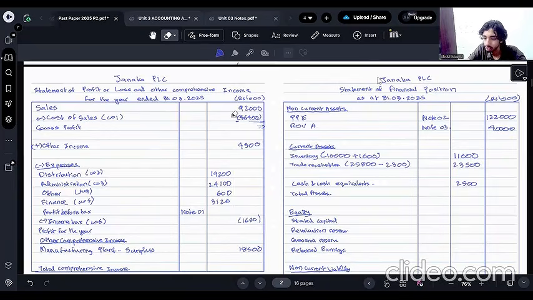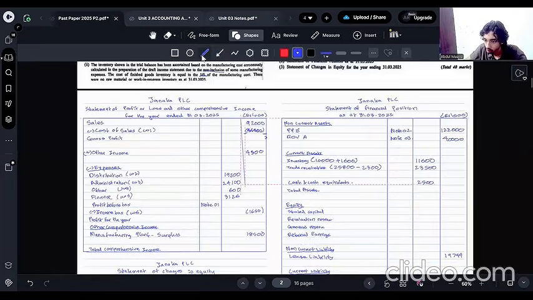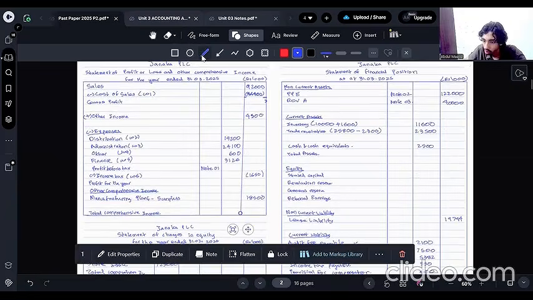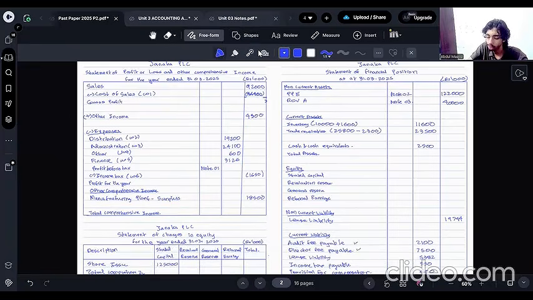Give me a minute, I'll put that line. Sorry, it's not a straight line, but that doesn't matter. Then the total expenses will be 19,200 plus 24,100 plus 600 plus 3,126.